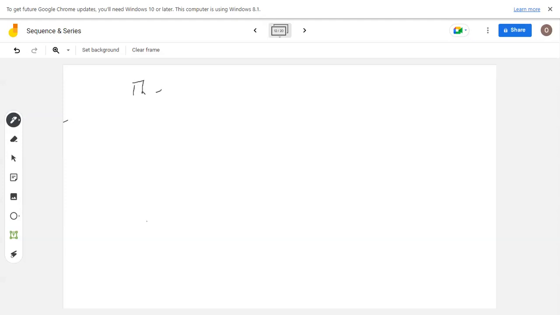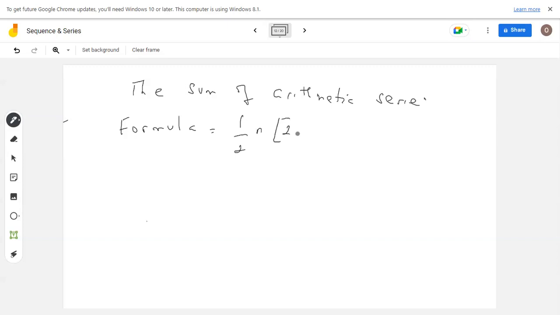The formula is simple. It can be put this way: the sum of an arithmetic series is equal to half n, bracket, 2a plus n minus 1, bracket d, then close the bracket.